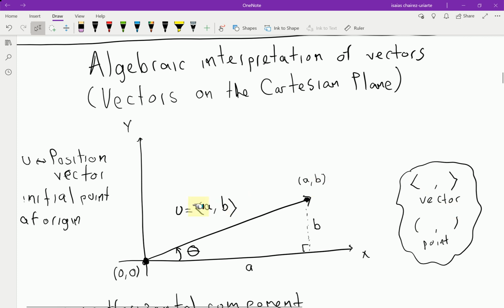So be aware, this is not a point right here. This is a vector. This guy has parentheses, so that's a point.